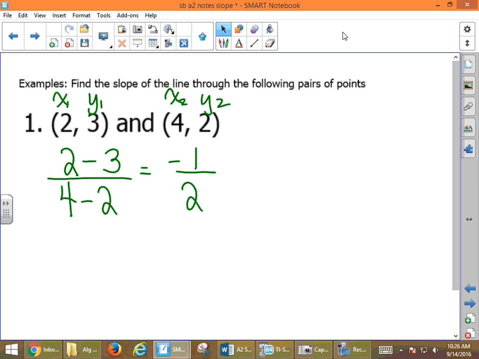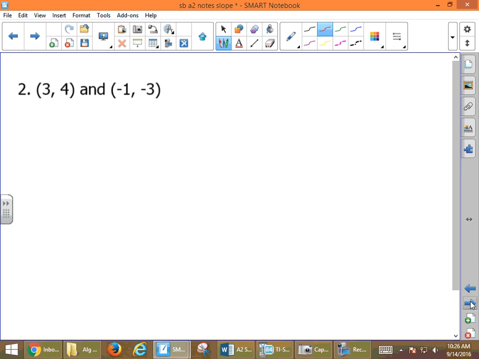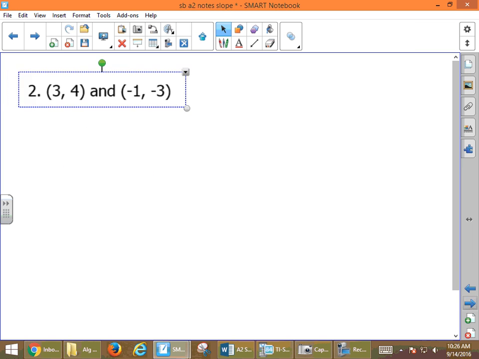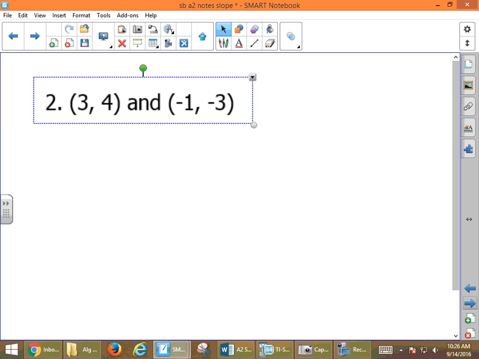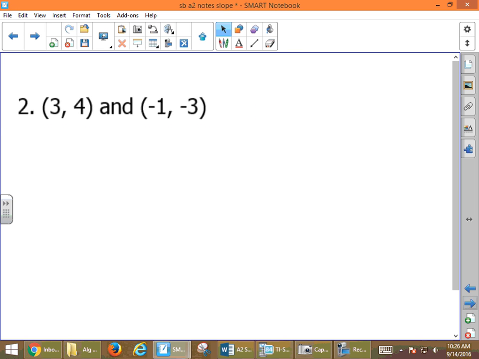Again, I hope it looks familiar to you. We'll label the points, plural, and then we're going to fill it into the formula. Nice that your formula is right there on the paper.